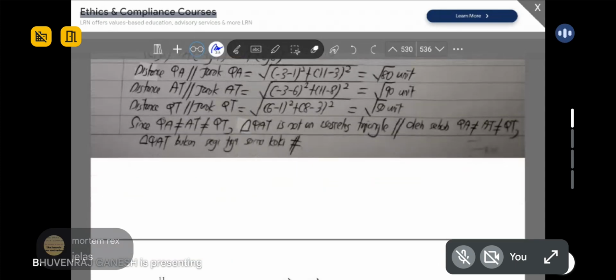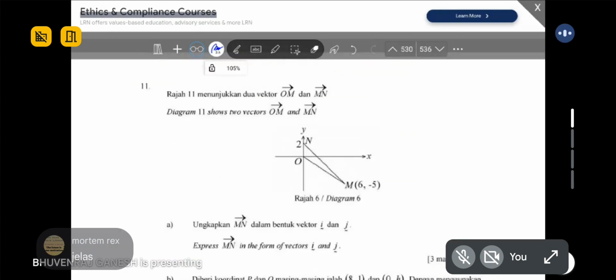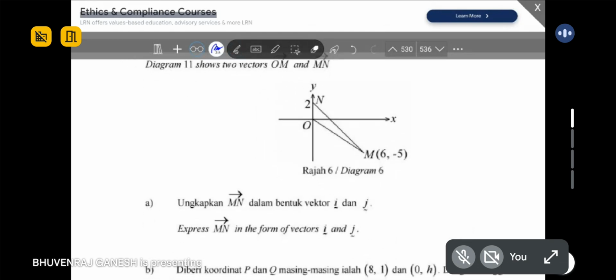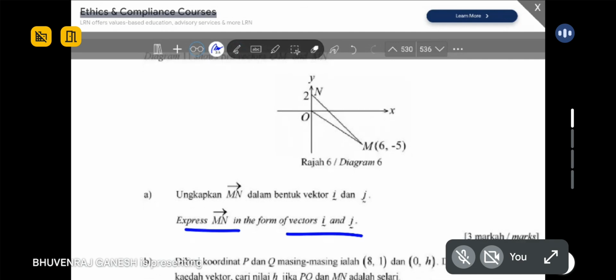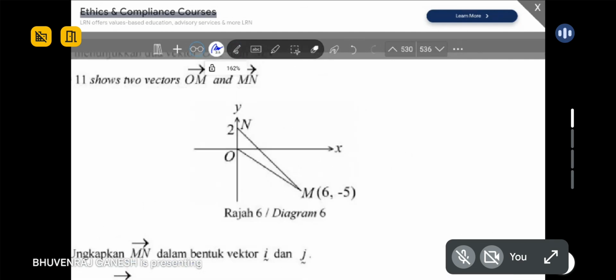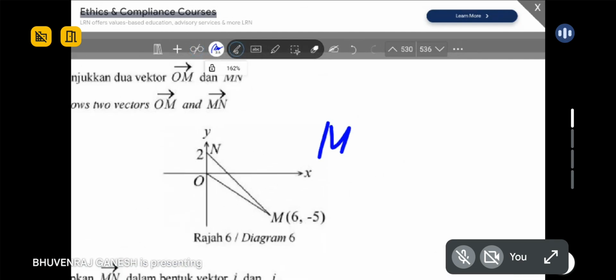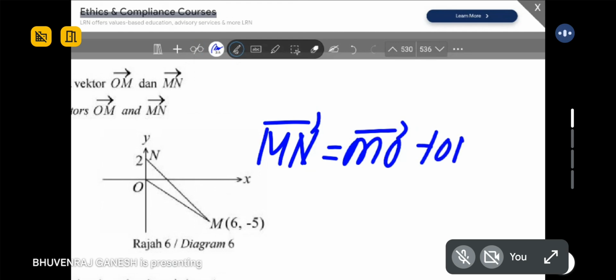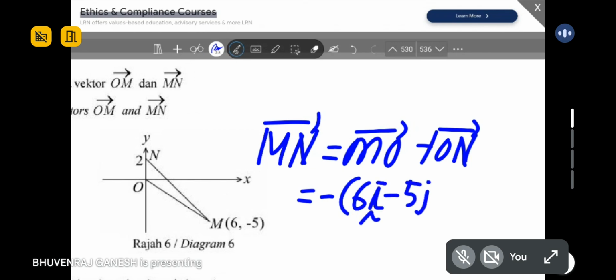Jelas. Okay, continue. Last one for section B, and then two more section A, then habis already. Section C, sorry. For this one, they ask you to express Mn in i and j. Very simple. Mn is Mo plus On. Mo is just negative 6i minus 5j, because Om is 6, negative 5, right?